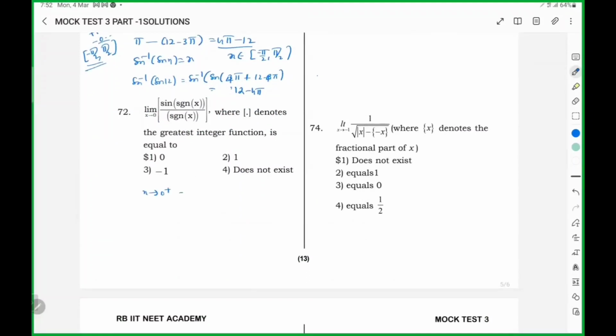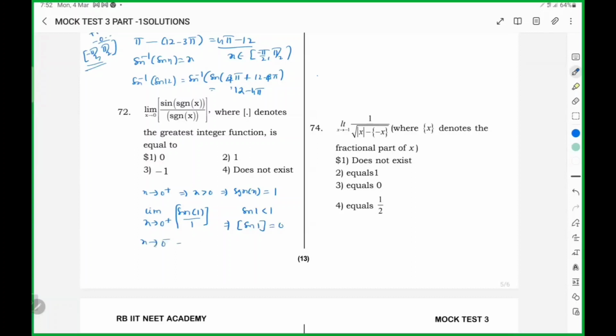As x tends to 0 plus, sgn of x is 1. Then we write here 0 plus sine of 1 by 1. So sine 1 is less than 1, which implies the step of sine 1 is 0.